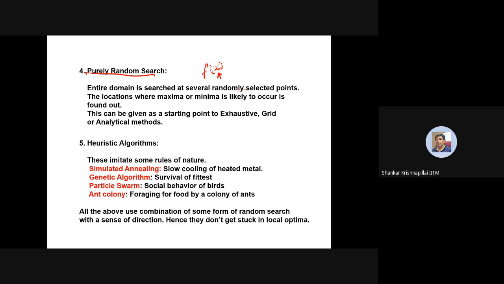The locations where maxima or minima are likely to occur are found, and this can be given as a starting point to the grid search or analytical method. That is the only use of random search. With random search, you can never hope to find the exact maxima or minima except by luck. So random search can be used to pick a promising starting point and give it to the exhaustive search, grid search, or analytical methods.